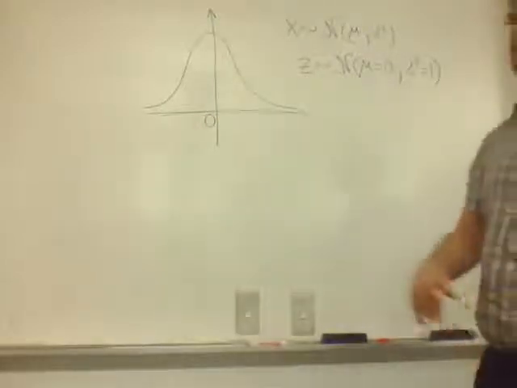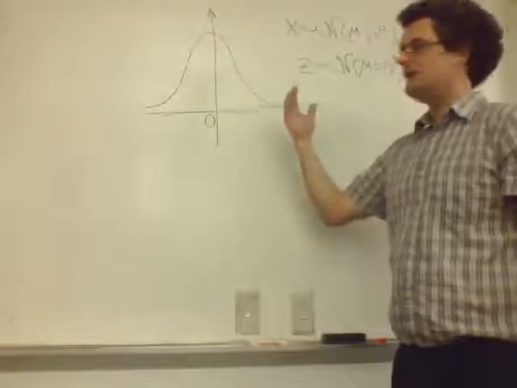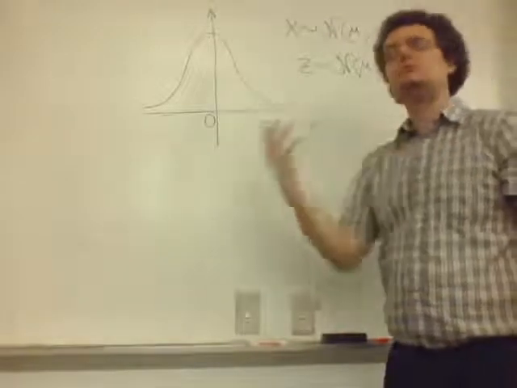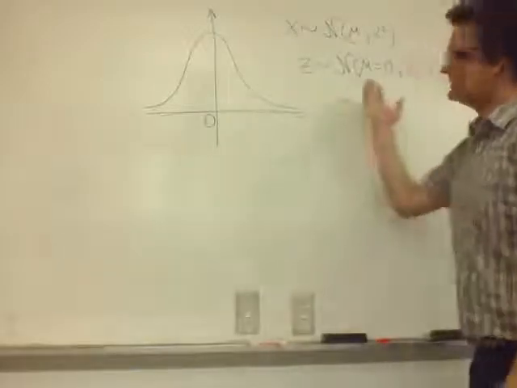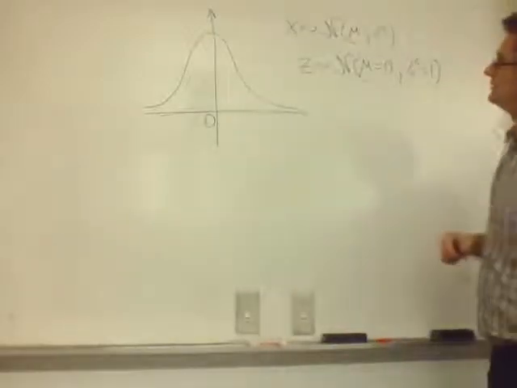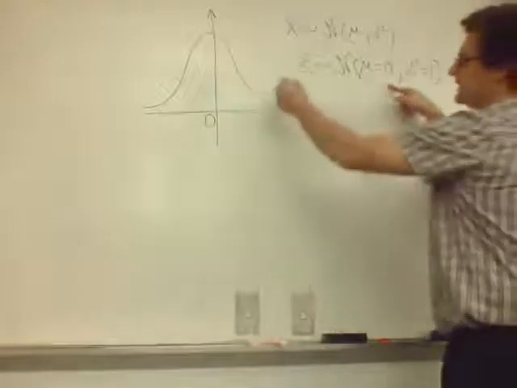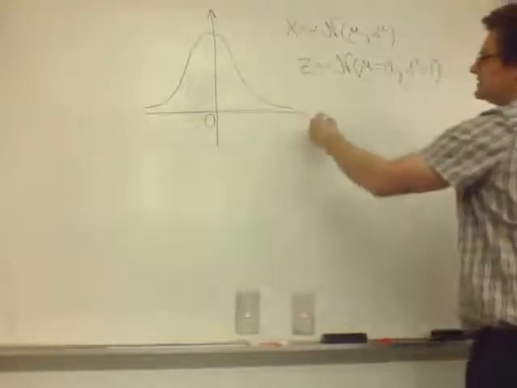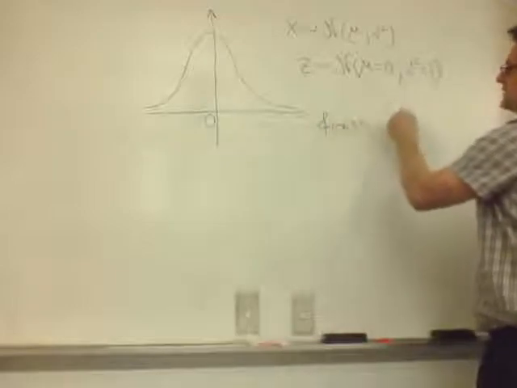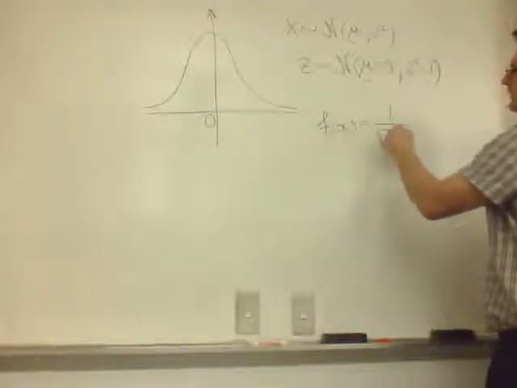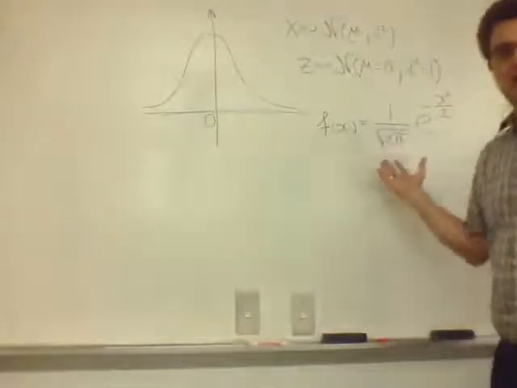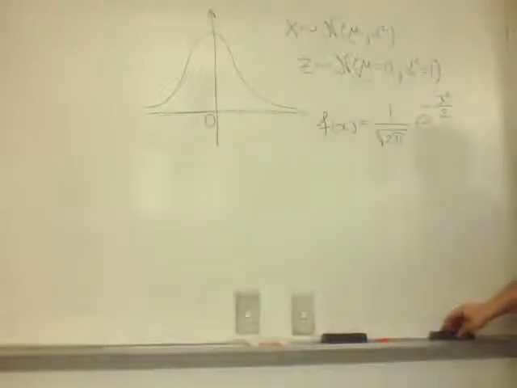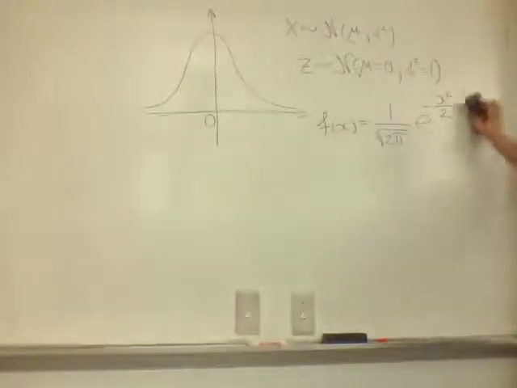Now, when I say bell-shaped curve, it's not just any bell-shaped curve. There is a particular formula. For example, for the standard normal distribution, the density is the function f of x equals 1 over the square root of 2 pi, times e to the minus x squared over 2. It's a rather complicated function, but we won't discuss it in our course.